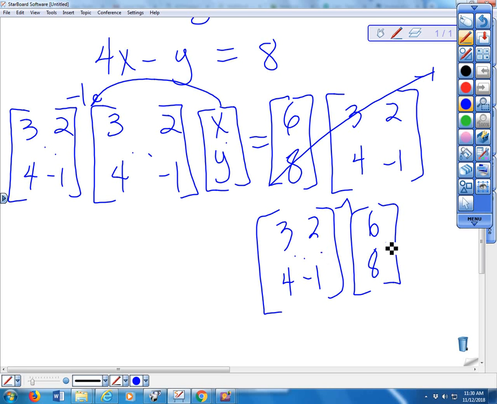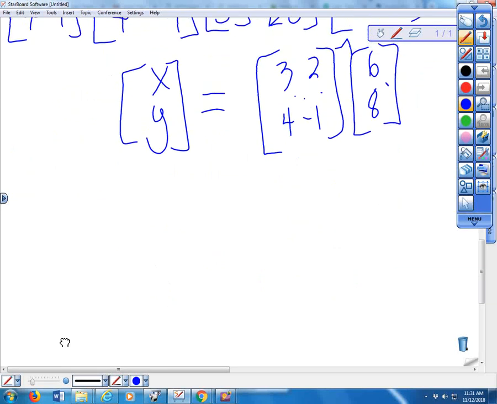Okay? For practice, because you're going to have to remember how to do the inverse, I'm going to do this by hand, and then I'm going to show you how to do this in the calculator. Okay? So by hand, this is what x and y equals, because I just isolated x and y by multiplying by the inverse. So I have to multiply the right side by the inverse, the constant matrix. Okay? So I have to find the inverse of this first.